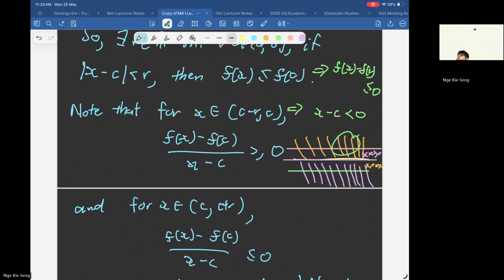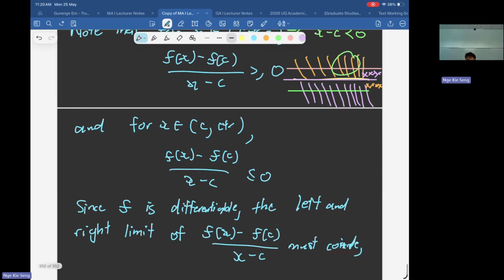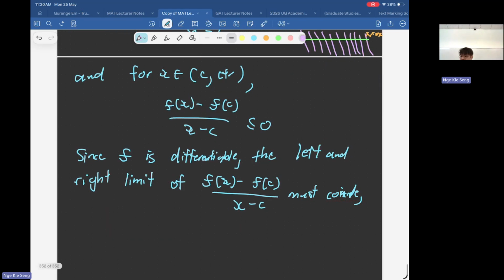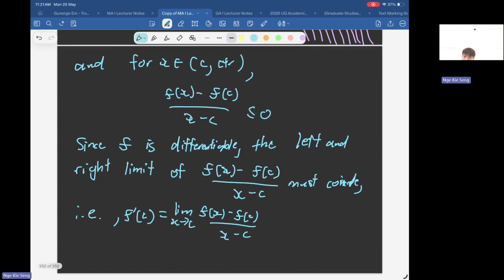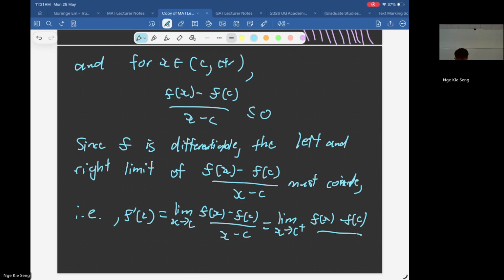So the only place they can converge together is 0; both can get very close to 0. So f prime of c equals the limit as x goes to c of (f(x) minus f(c)) over (x minus c), which equals the limit going from the right side, and at the same time equals the limit going from the left side, which is 0.